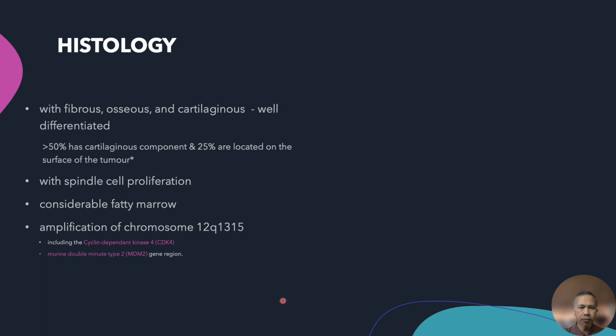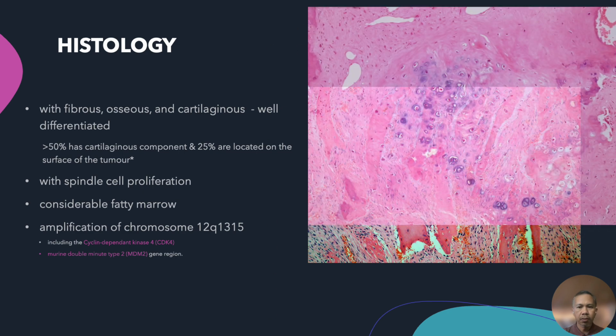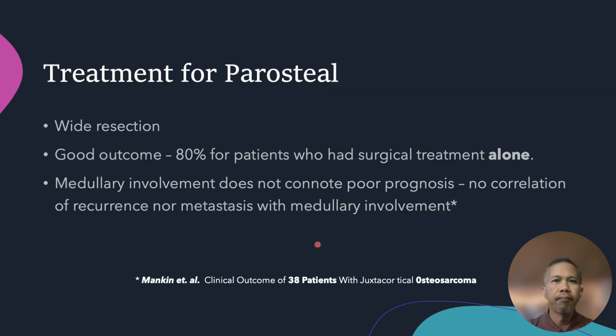Take note that the majority of the components of its histology are cartilage, located on the surface of the tumor. There are also findings that they have chromosomal amplification. Because they are low grade, wide resection surgery is enough. No need for chemotherapy or radiation.